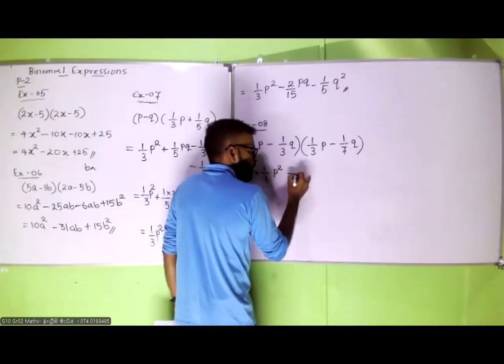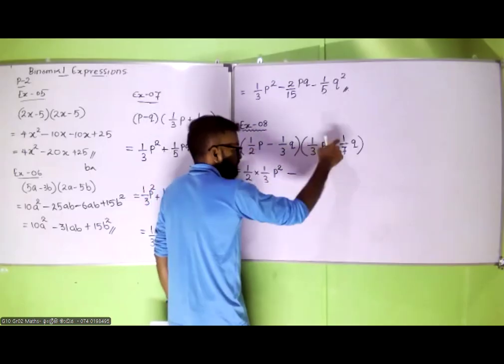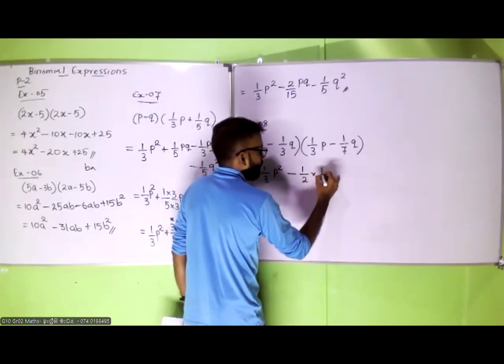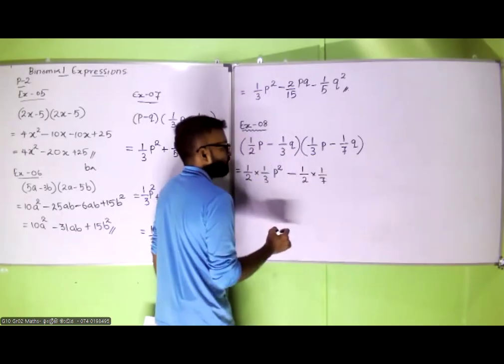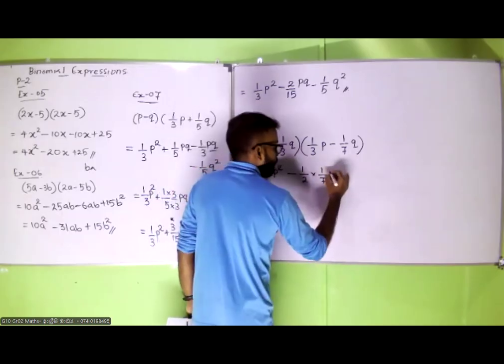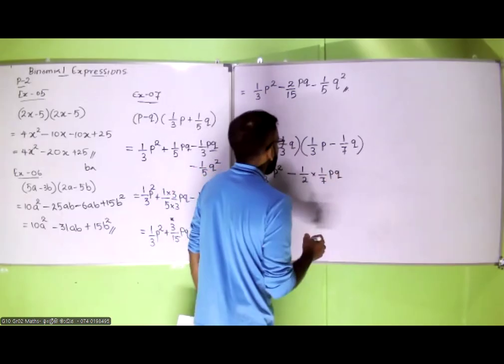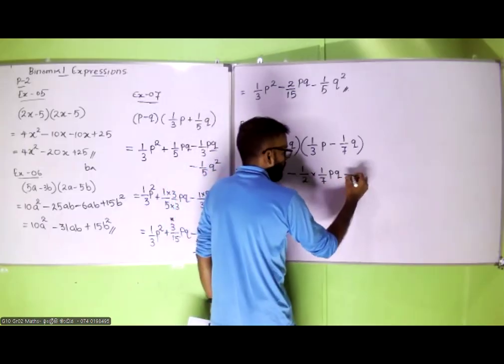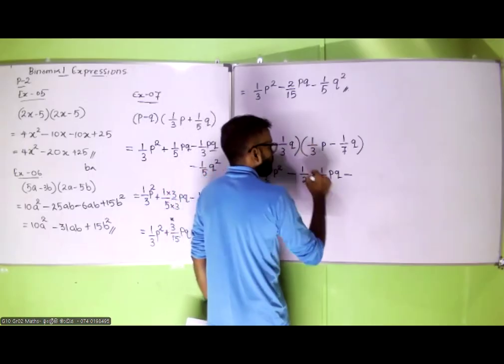Positive into negative, negative. This fraction and this fraction, multiply 1 upon 7. P into Q, PQ. Negative into positive, negative. 1 upon 3, 1 upon 3.